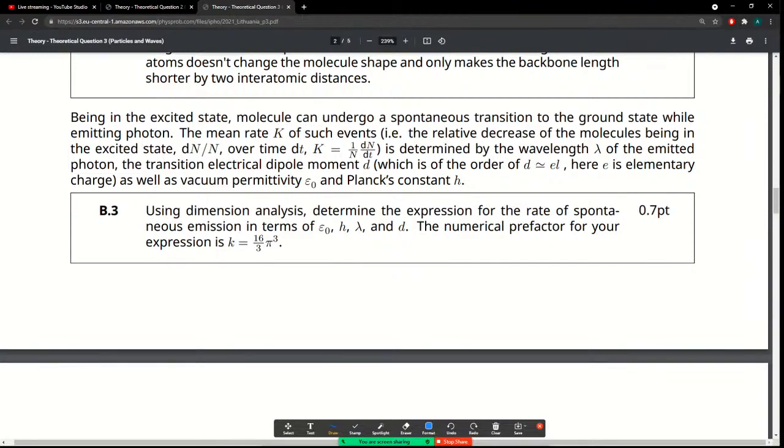Okay, this is the dipole moment. Where here e is the elementary charge, as well as vacuum permittivity epsilon naught, and Planck's constant h.